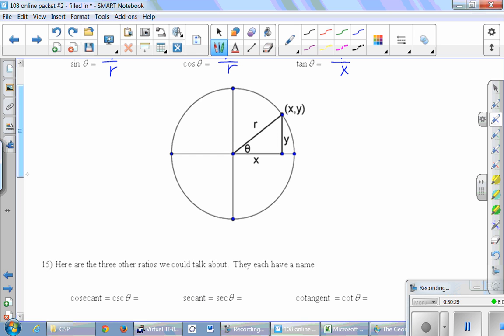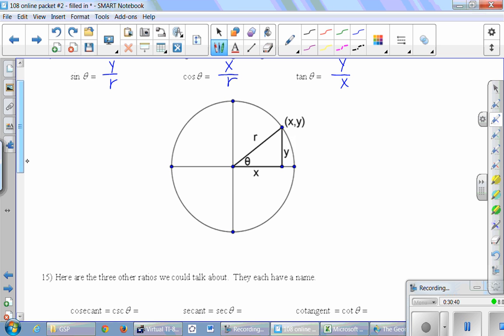15, here are the three other ratios we could talk about. They each have a name. Okay, so new functions now. Cosecant, which is abbreviated CSC of theta, turns out is the reciprocal of sine theta, which we have just up above. So sine is y over r, cosecant must be r over y.